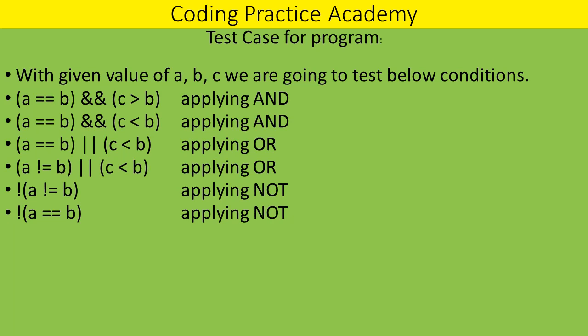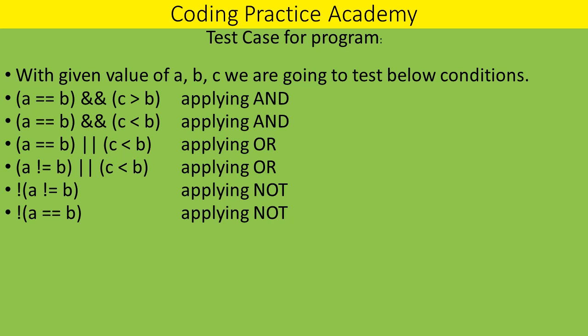This is a test case scenario where three variables are being used, A, B and C. Our target is to implement these relational operators which are combined with the logical operators AND, OR and NOT in the programming concept.